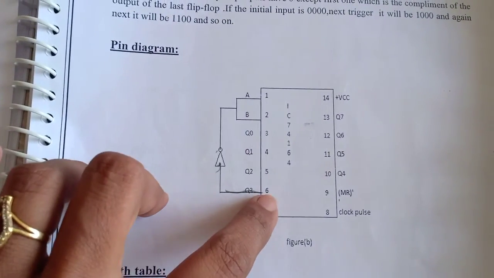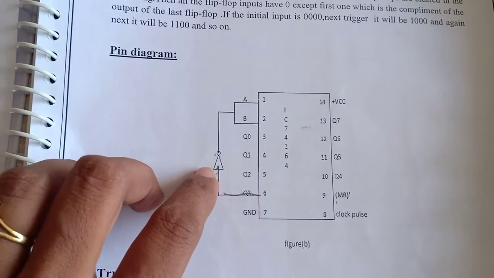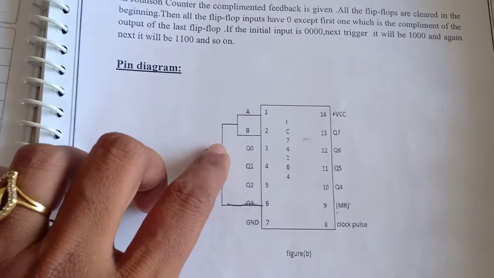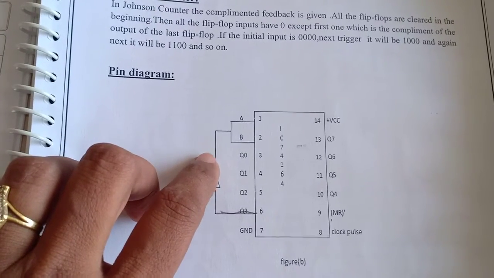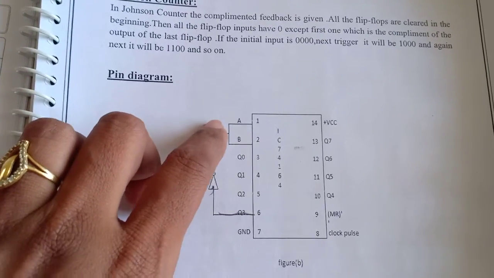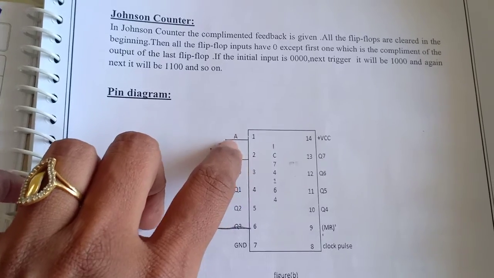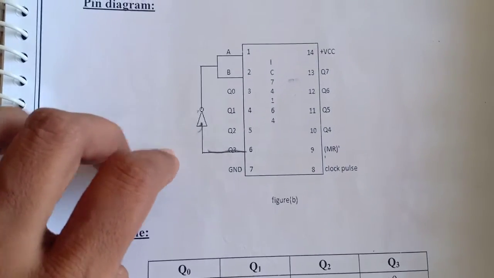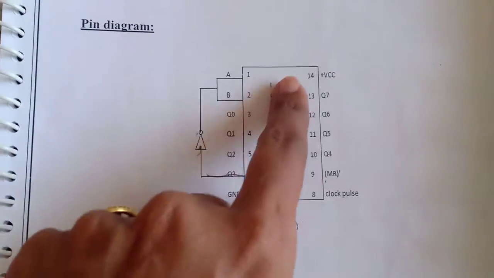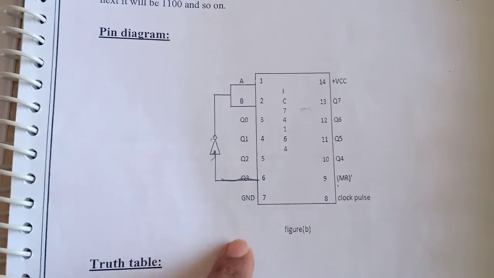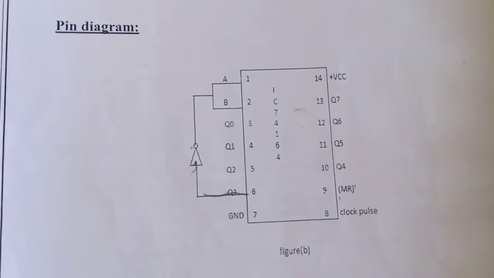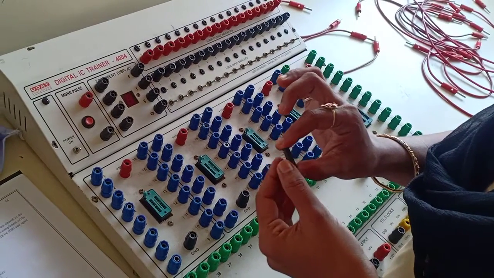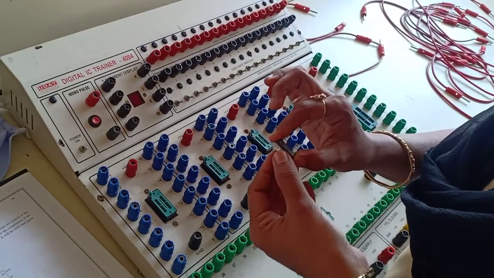So pin number 6 is going to the input of the NOT gate, and the output of the NOT gate, which is the complemented output, is connected to either pin number 1 or 2. This is the difference between ring counter and Johnson's counter. The rest of the connections are all the same. So the same IC, 74164, is used for the Johnson's counter implementation.